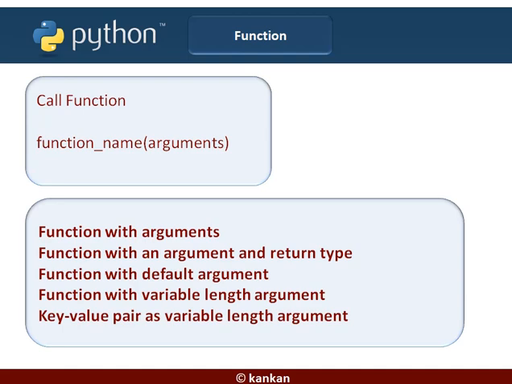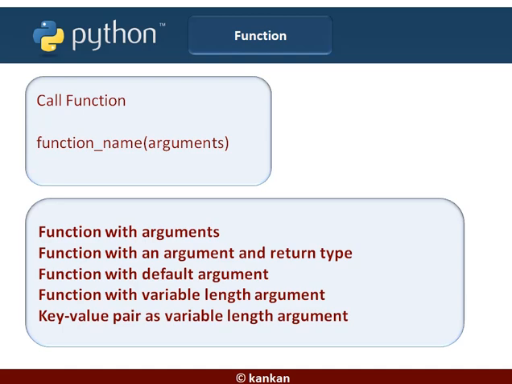We have given many examples of functions that have no argument. Now we learn about functions with arguments. A function can contain any number of arguments depending on the requirement. Clear?